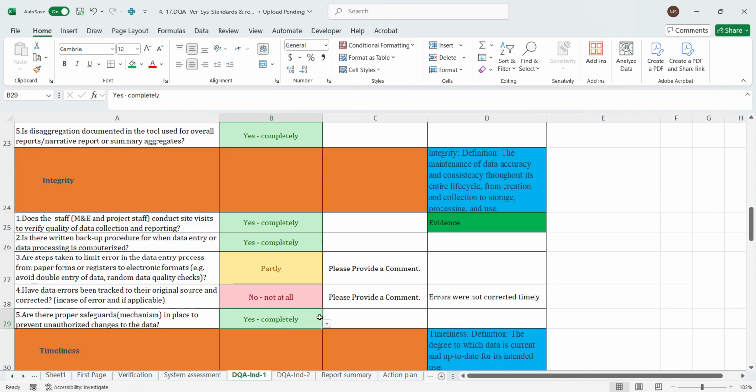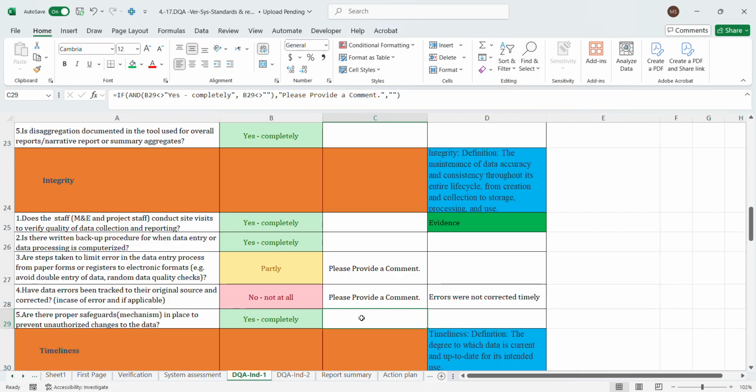Otherwise, if the document is on the floor and just thrown somewhere, we may say partly, or if it is just badly placed, we may say not at all. So for this, let's say yes completely for the timing.